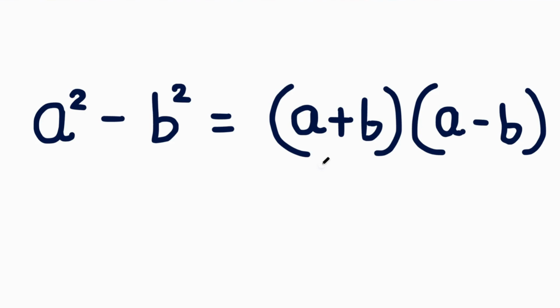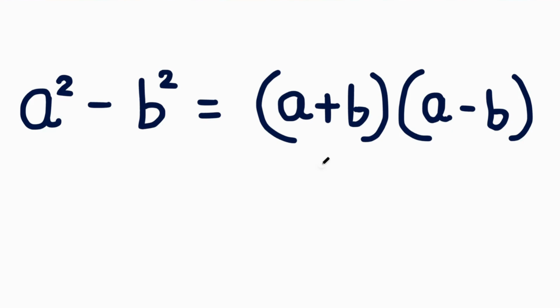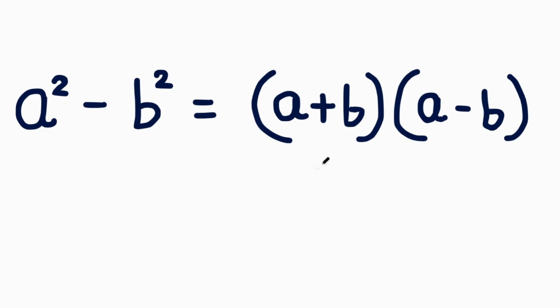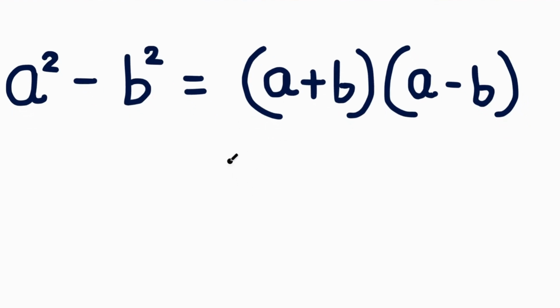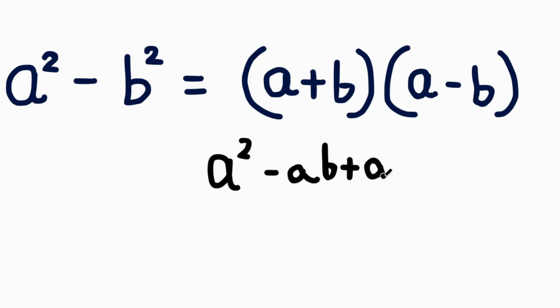But so you guys understand a bit more why this is, not just throwing out a random rule, I'm going to quickly solve it here underneath. Sorry for the writing, it might be a bit wonky. But yeah, when expanding a plus b, a minus b, you're going to get a squared minus ab plus ab minus b squared.